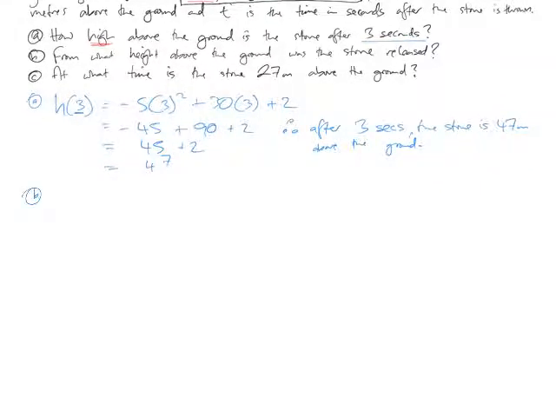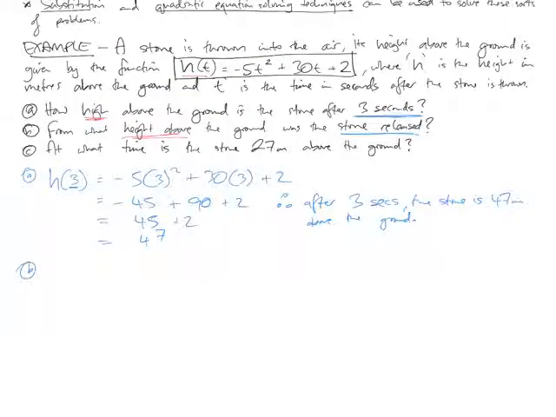B, from what height above the ground was the stone released? So we're still trying to find the height, so it's still a substitution, but it doesn't directly tell us what the variable is. It's not saying how many seconds it is. But when was the stone released?